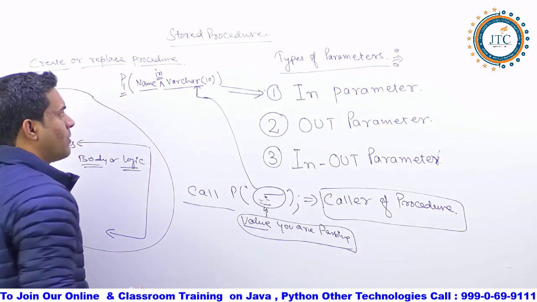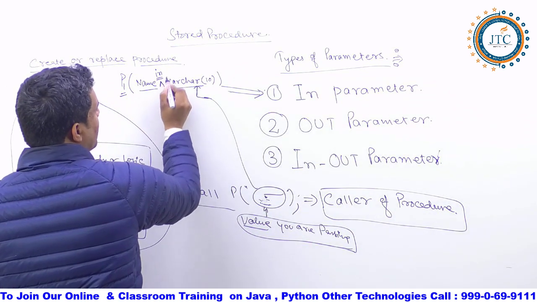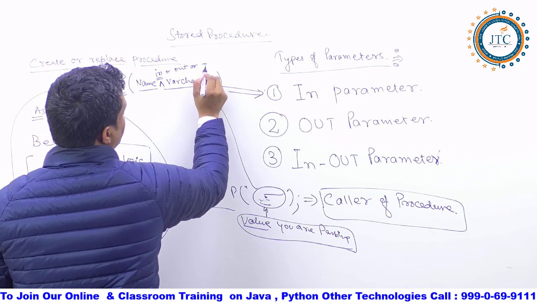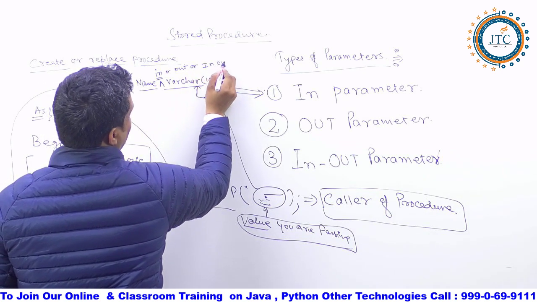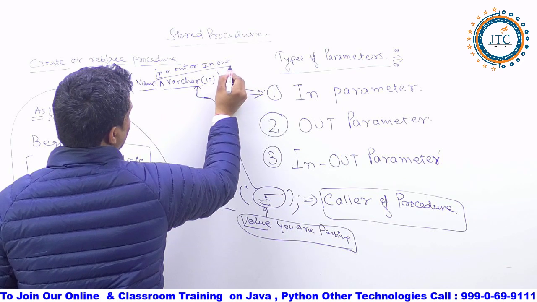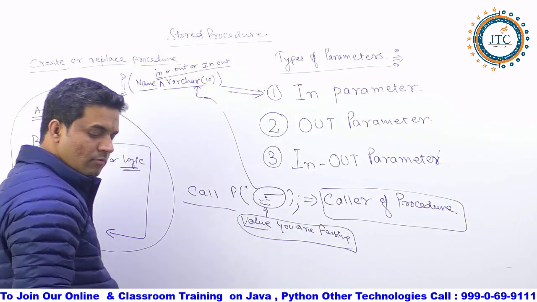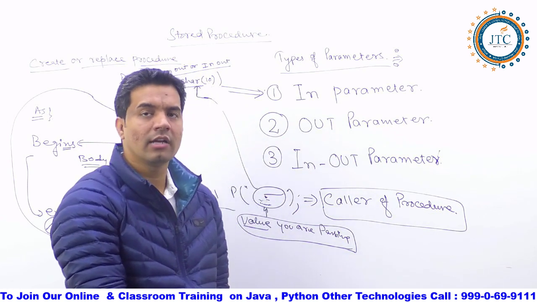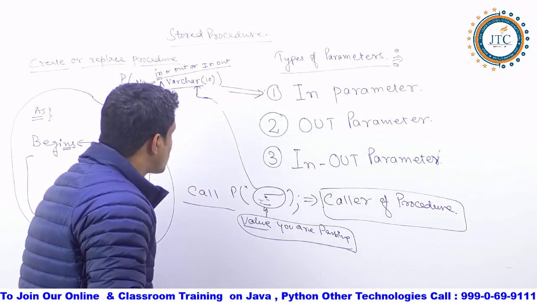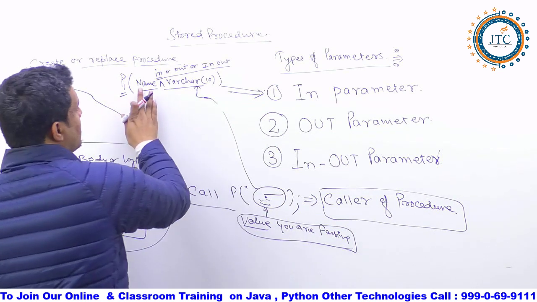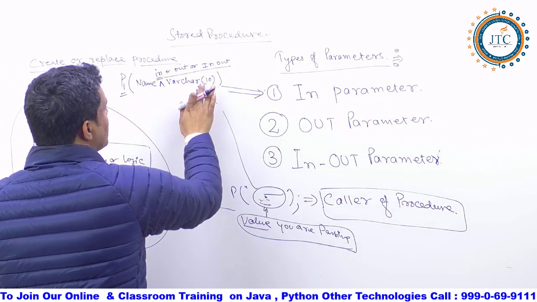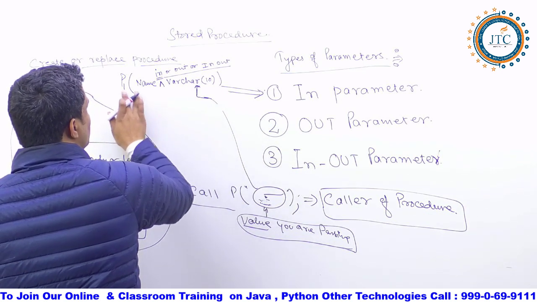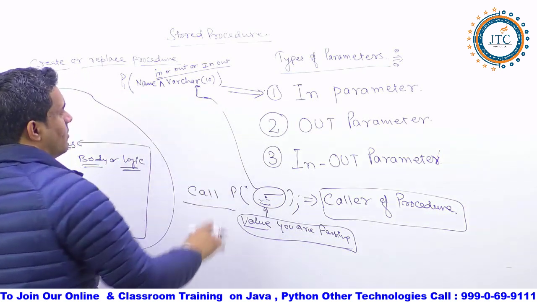You can write in or out, anything you can write here. But whenever you write all these things, the process and everything else will work in this order, in this model.